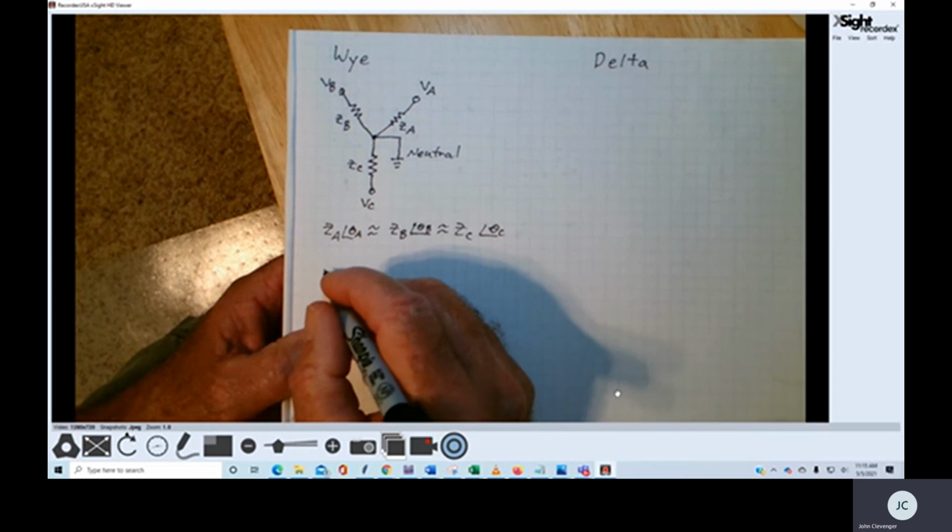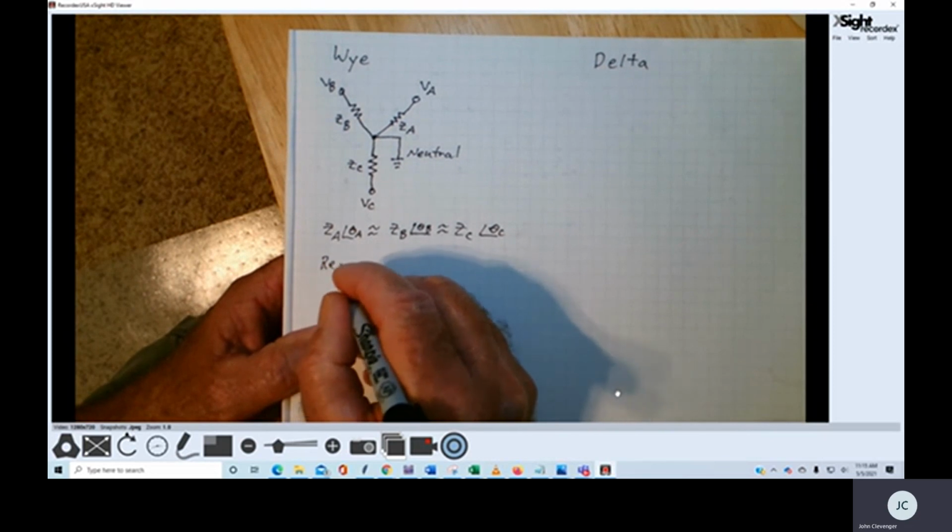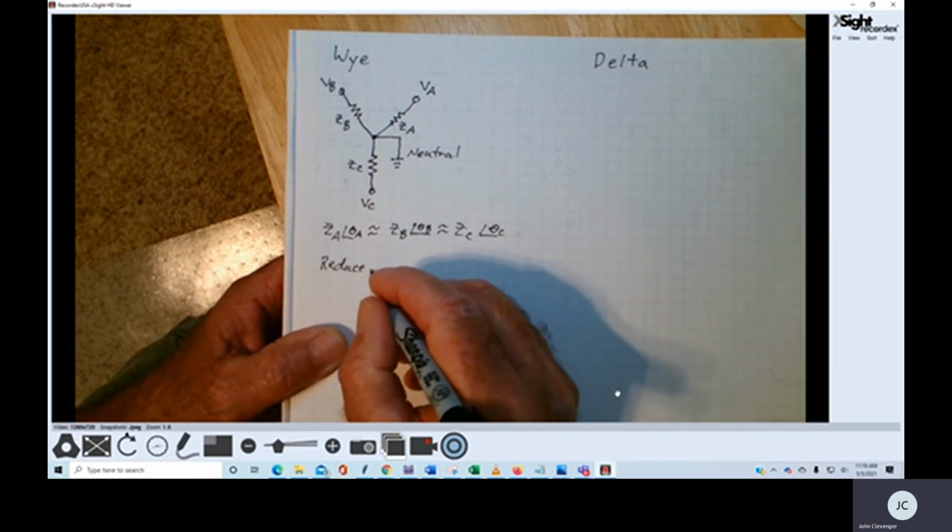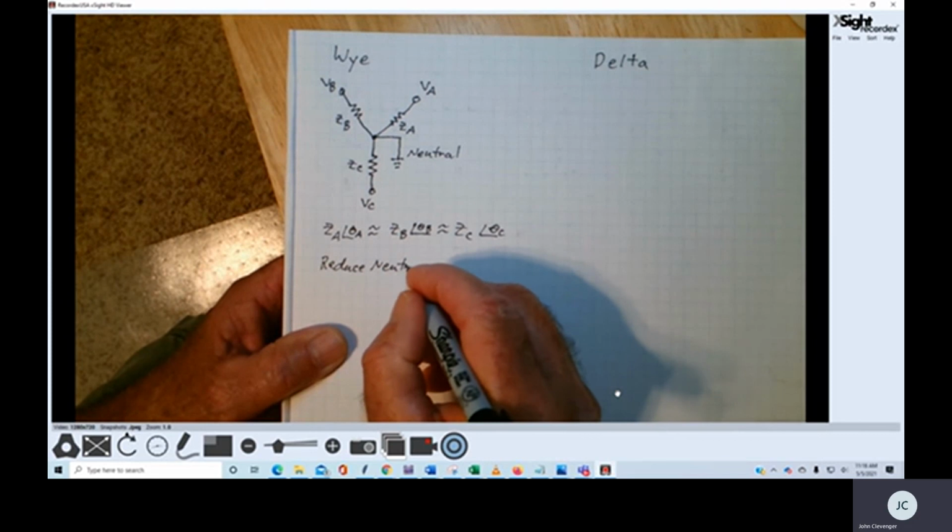And we do this for the reason to reduce the neutral current.